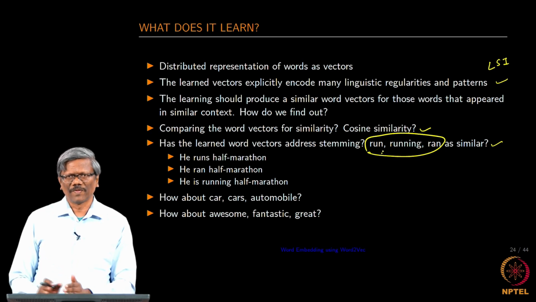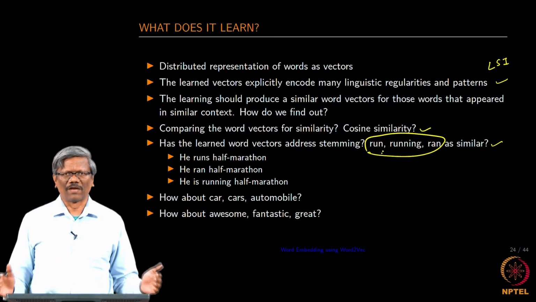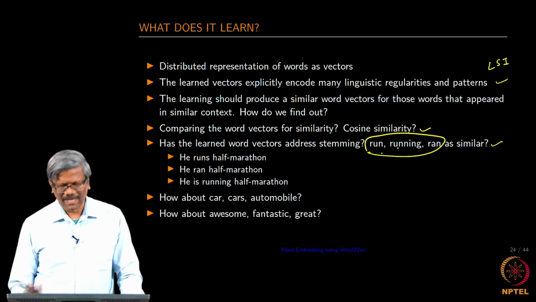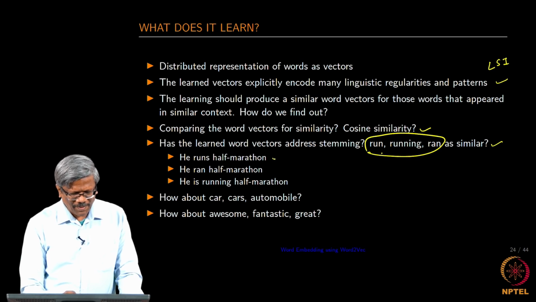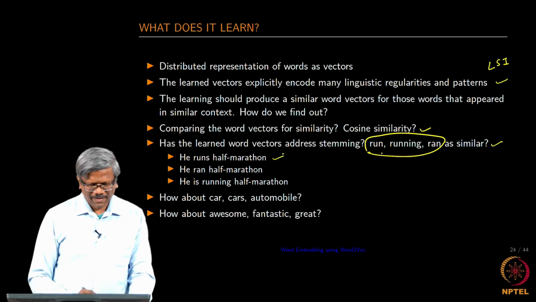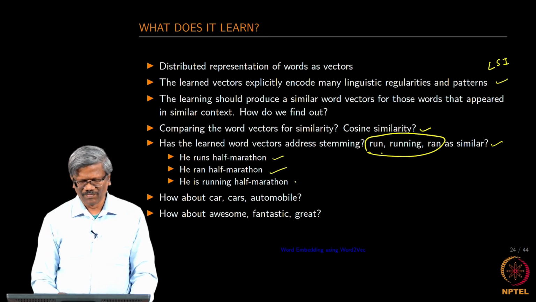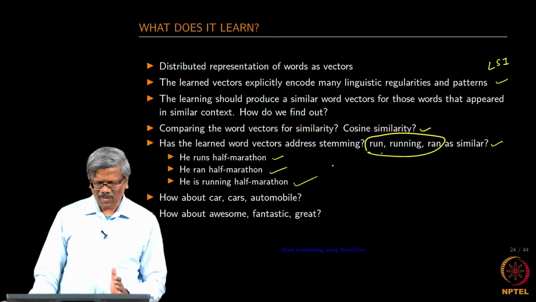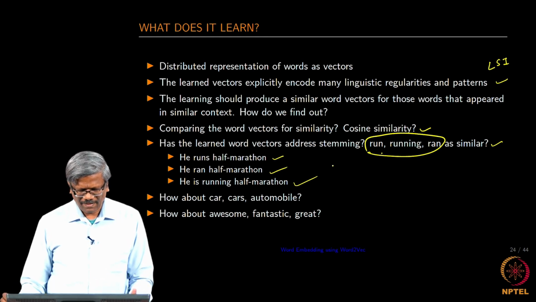That means the context words surrounding run, running and ran would be very similar. Only if they are similar would we be able to take these as similar words. For example, he runs half marathon, he ran half marathon, he is running half marathon. Something like this shows how we can really relate these words when we process the corpus.